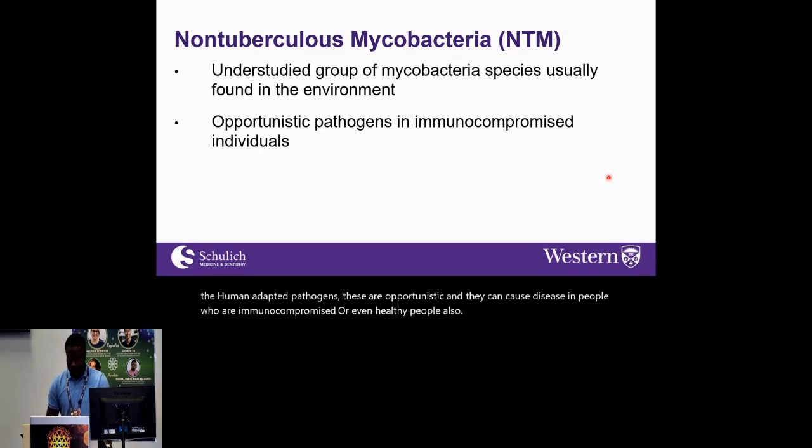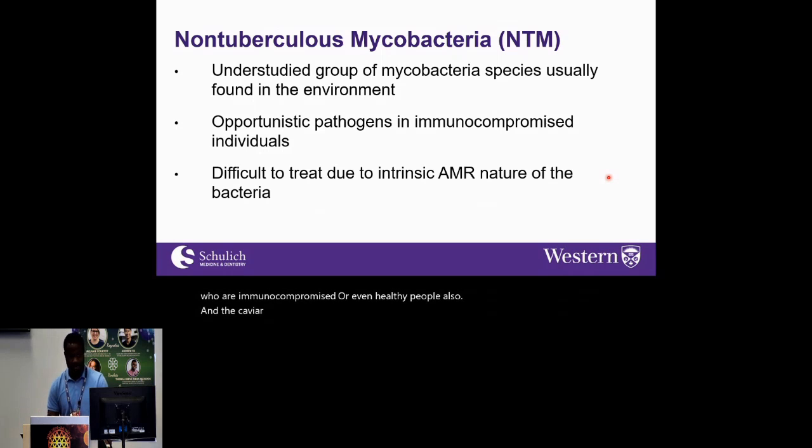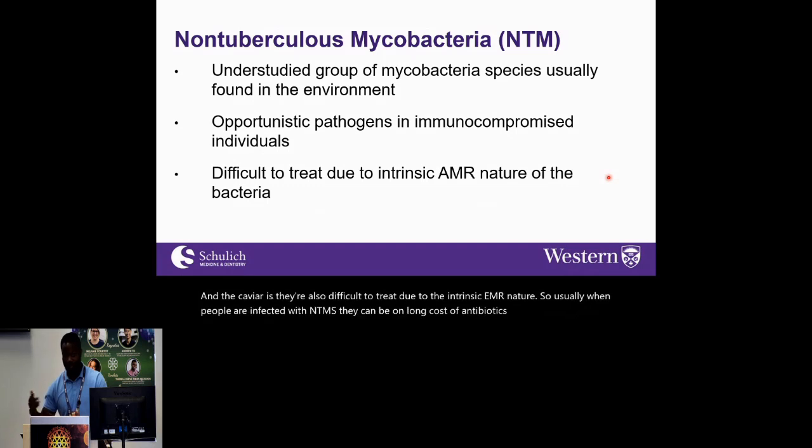And the caveat is they're also difficult to treat due to their intrinsic AMR nature. Usually when people are infected with NTMs, they can be on a long course of antibiotics for 12 months or even longer, and there are usually cases of reinfection with NTM even after you treat them.